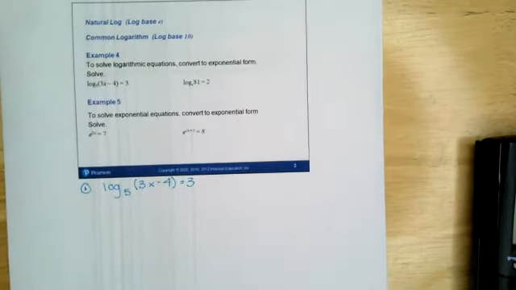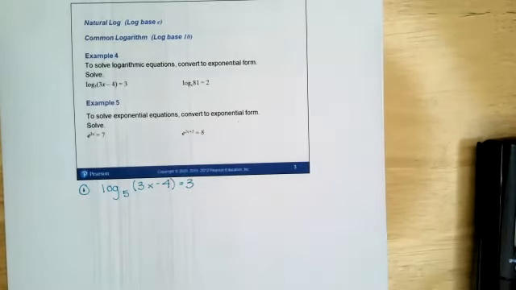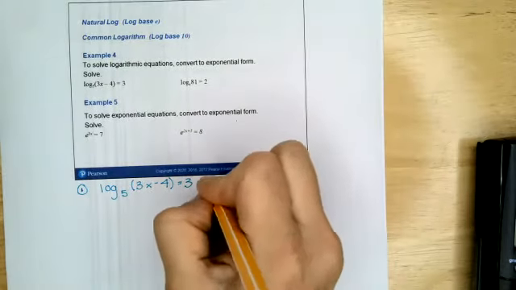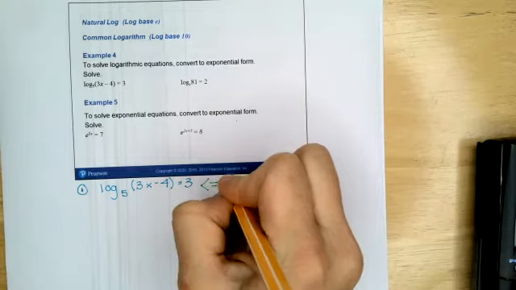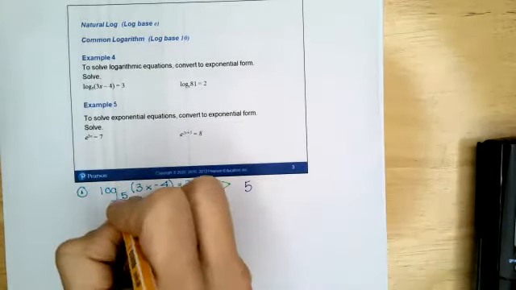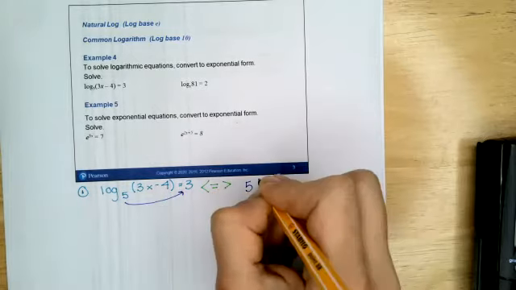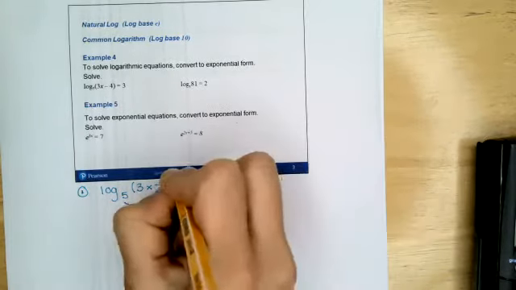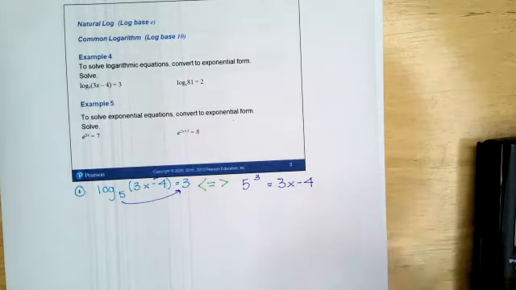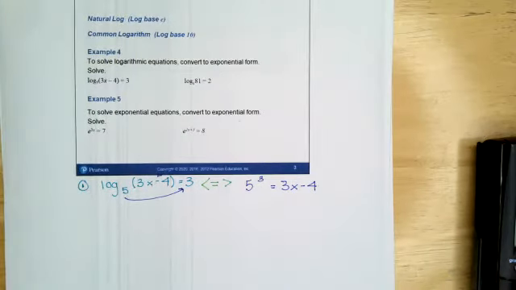Good. Okay. It is convertible to exponential form. Start with your base. My base is 5. 5 to the power of 3 is equal to all of that, 3x minus 4. Good. So I've now converted between logarithmic form and exponential form.